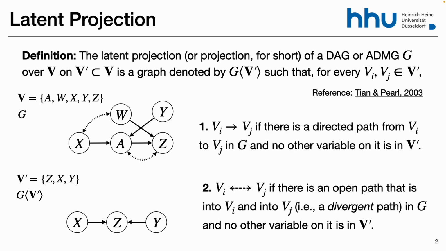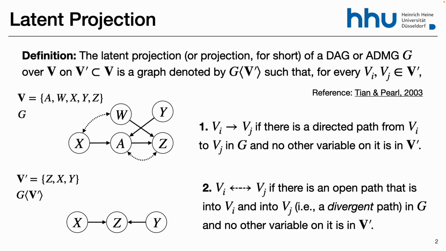So we go to the second part, which is about the bidirected edges. We are going to add a bidirected edge between vi and vj if in the original graph there is an open path that's into vi and into vj. We call it a confounding path. So for example, between x and z, the path x, w, z is forming a divergent path.